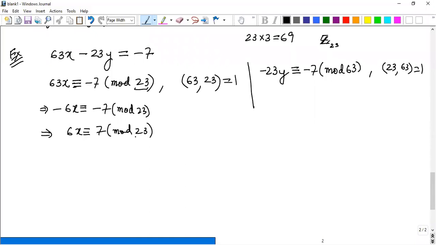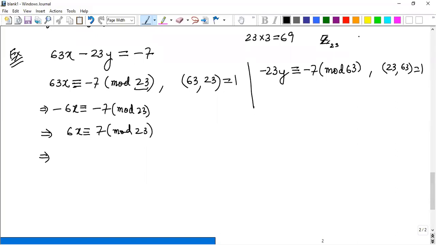In Z23, 6 is a unit, I think you are familiar with the unit. It means its inverse is possible. It means you can find a number which can be multiplied with 6 and you will get 1.